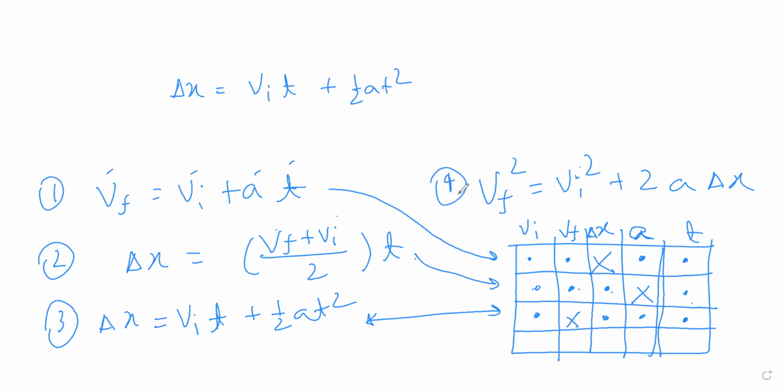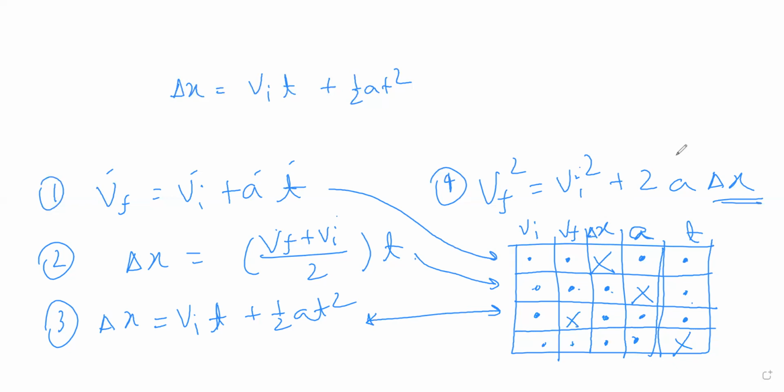Now for the fourth one, you can see our v final is given, v initial is given, a is given, and we are asked to calculate del x. For example, the car starts from 20 meter per second and its final velocity is 60 meter per second, or we can say the car stops with some acceleration of 2 meter per second square.